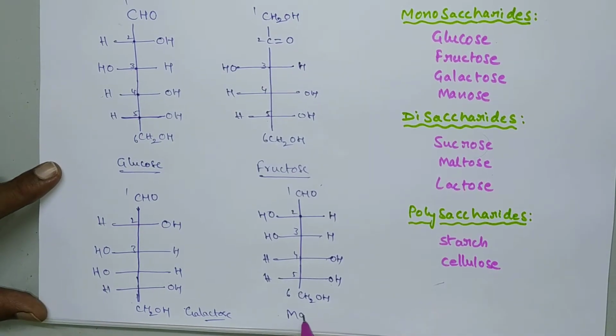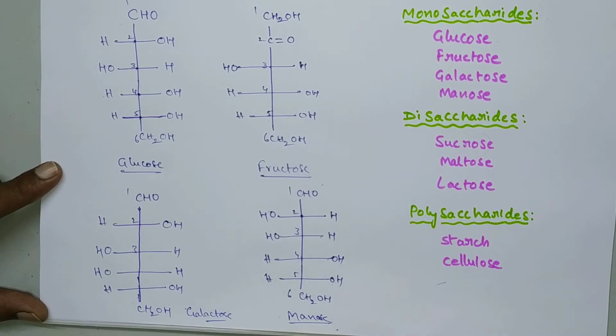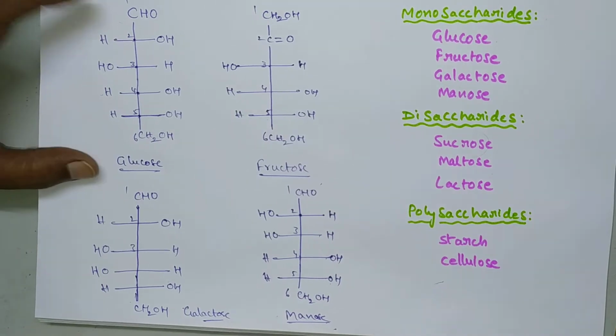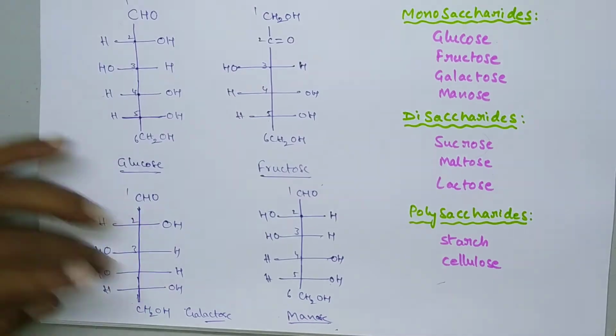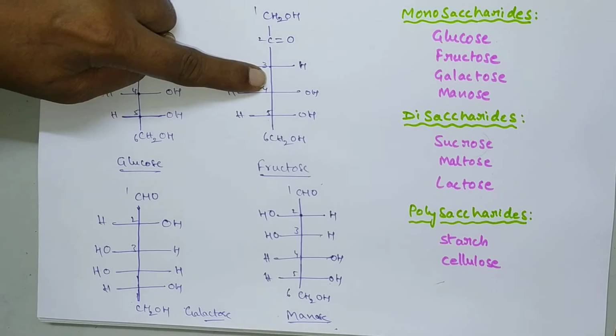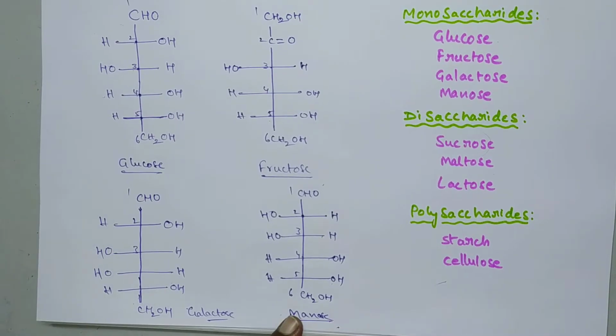So this is mannose. If you know the structure of glucose, you can easily write all these structures. These are the different monosaccharides: glucose, fructose, galactose and mannose.